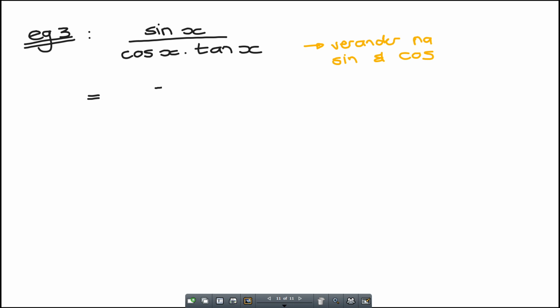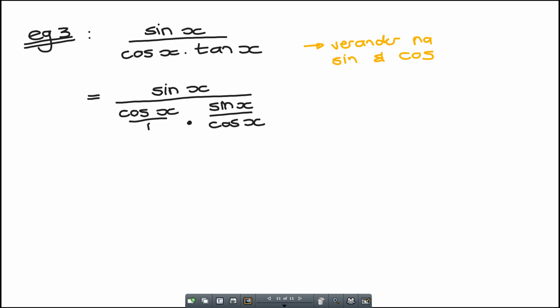Okay. So bo het ek sin x. And at the bottom of my fraction, I'm going to have cos x times, but that cos x is actually cos x over 1, eh? Times, and tan x is sin x over cos x. Do you guys agree? Is julle nog reg?